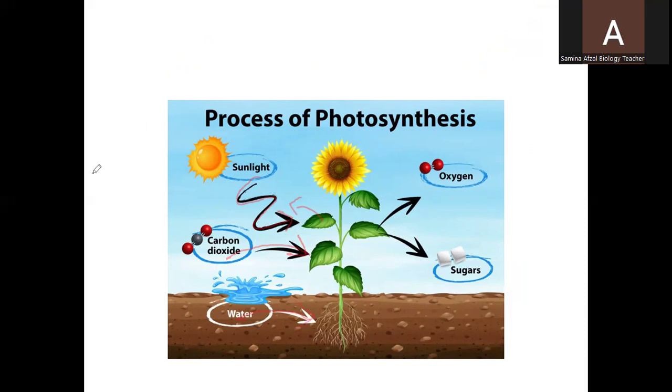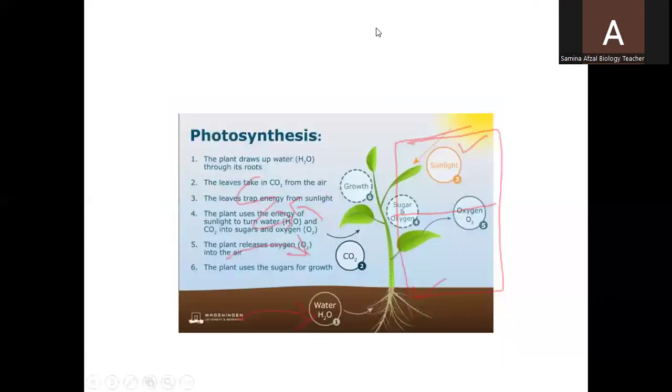And then as a result, these are the two products which are formed during the process of photosynthesis: sugar or carbohydrates, and oxygen.